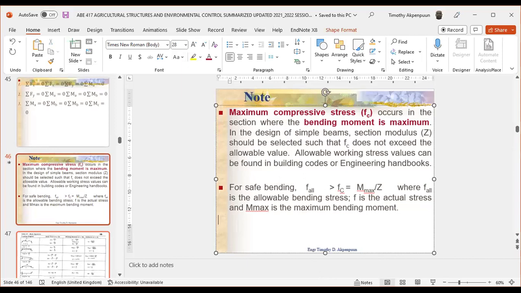And what is your section modulus? Who can tell us the equation of section modulus? I over what? Okay. This is I divided by Y. This is section modulus of a rectangular shape.